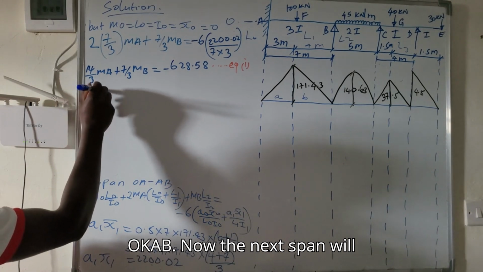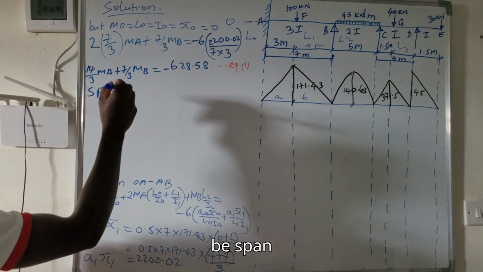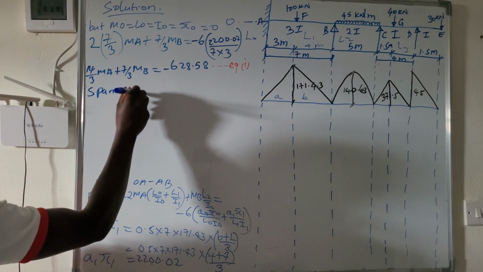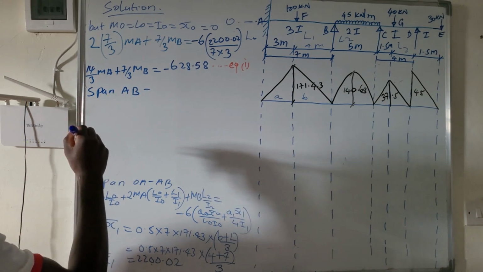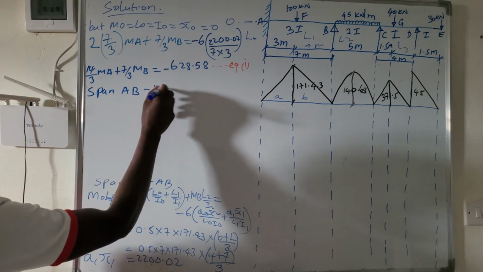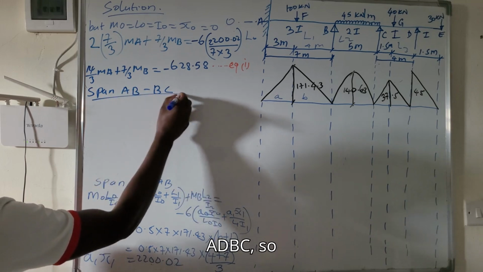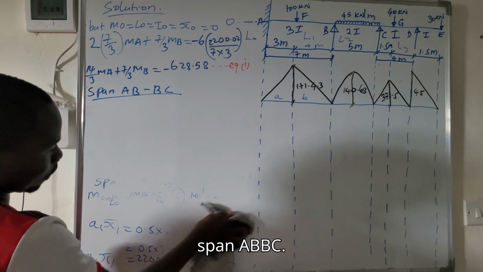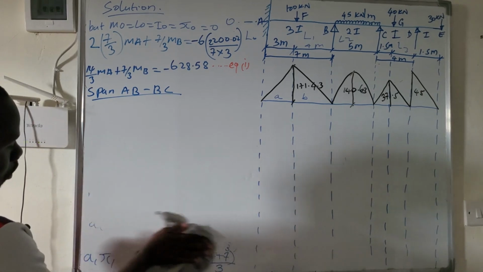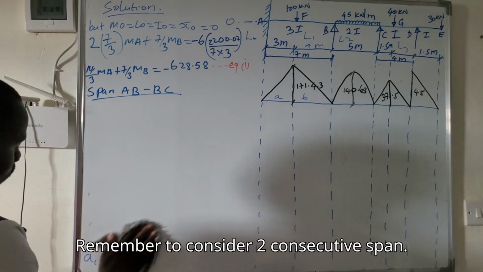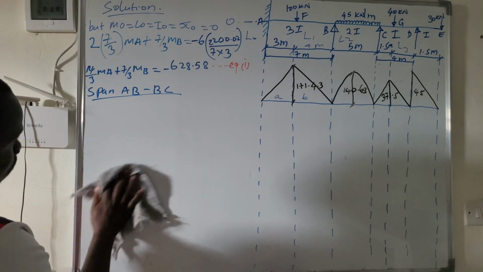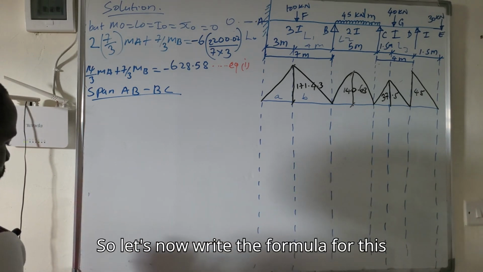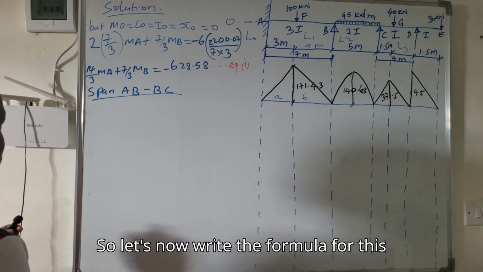Now the next span will be span BC, so span AB BC. Remember to consider two consecutive spans. So let's now write the formula for this span.